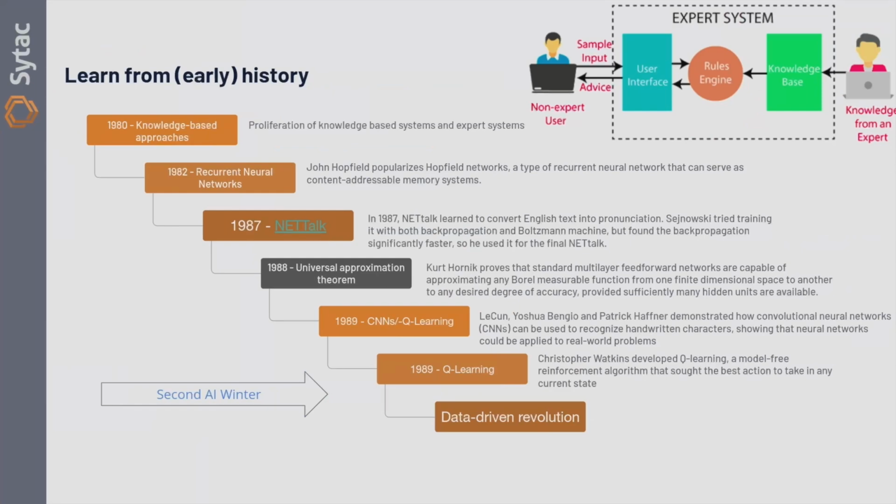A lot of the stuff in the 80s was about knowledge-based learning. I'm sure everyone has heard the phrase, it's not an AI, it's just a bunch of if statements, right? I'm seeing a lot of heads nodding. That's basically expert systems. In the 80s, they had big investments in these systems.